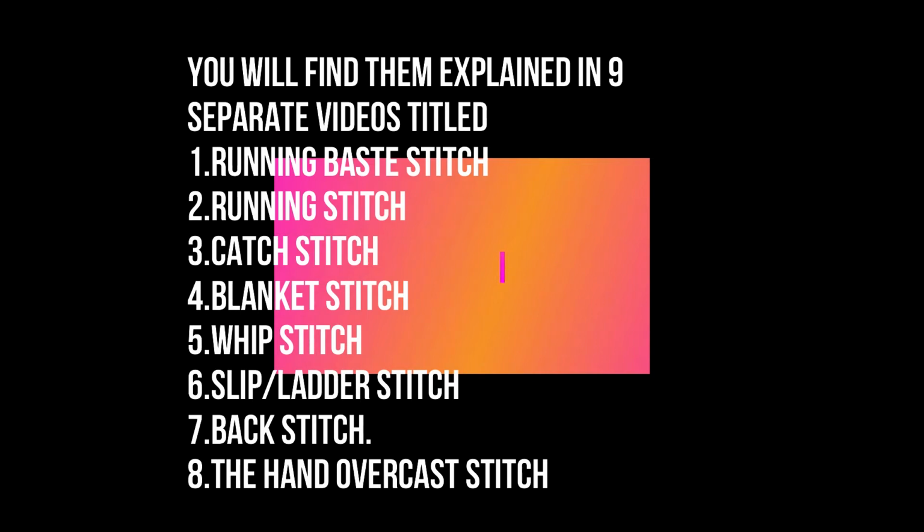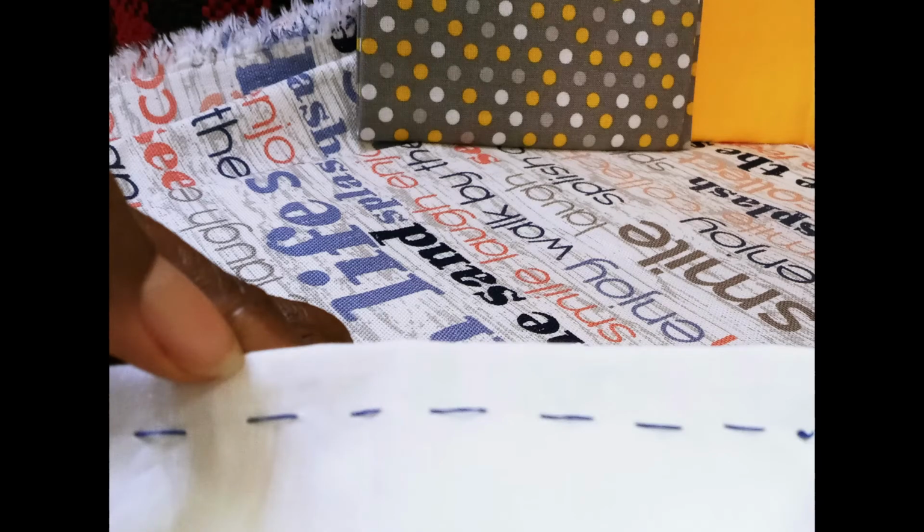Running stitch is what we're going to be doing today. And the running stitch is, guys, I'm telling you, one of the most basic types of hand stitches, and it has many variations. It's used for gathering, mending, and tucking.